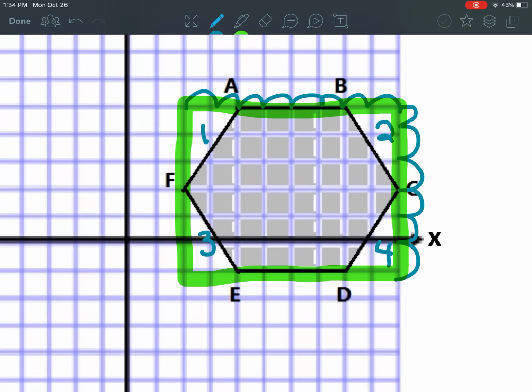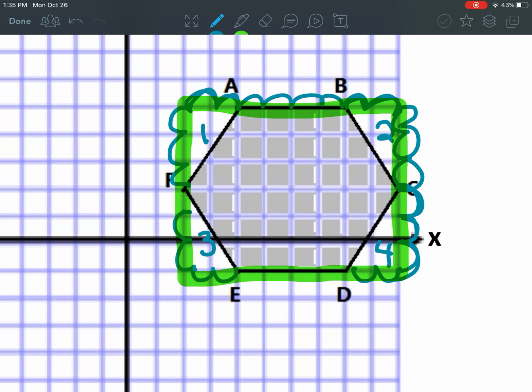Now, the area of the base of 1 is 1, 2 by 1, 2, 3. Let's look at all of these really quick. Is 2 the same way? 1, 2, 1, 2, 3. Yep. What about 4? 1, 2, 1, 2, 3. Yep.